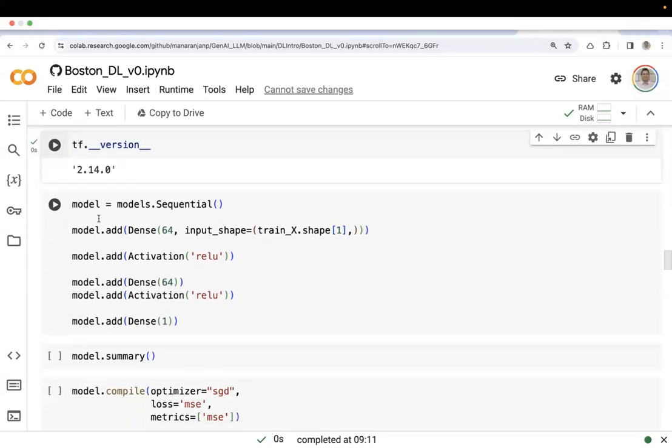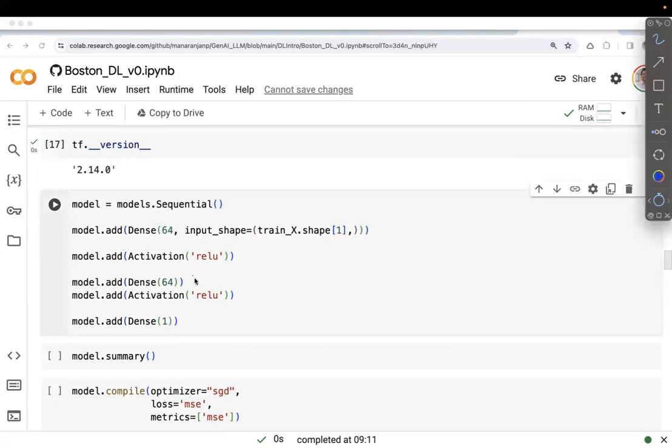Now, we'll go and build a model. Here I'm going to build a very simple model which contains only 2 hidden layers.